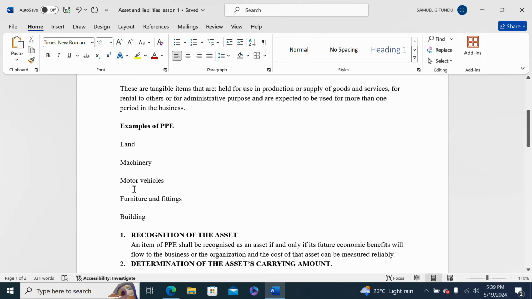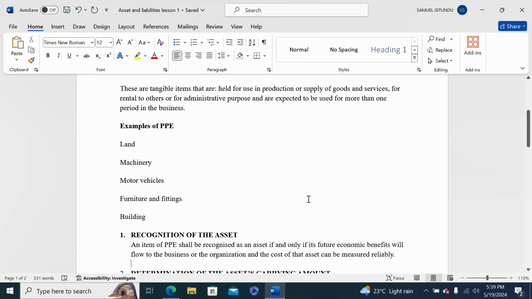If you have a motor vehicle and that motor vehicle will not bring any future economic benefit to the business, then it cannot be recognized under property, plant, and equipment. You only recognize those items which will bring future economic benefit, and you only recognize them when their cost can be measured reliably.